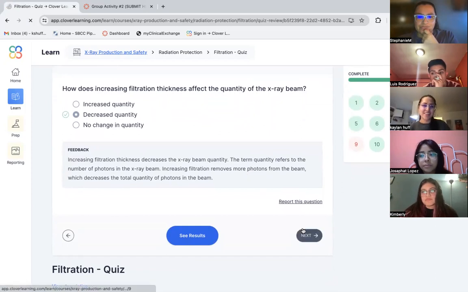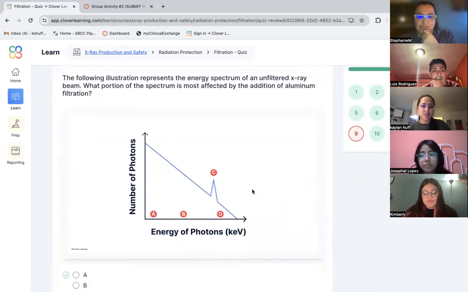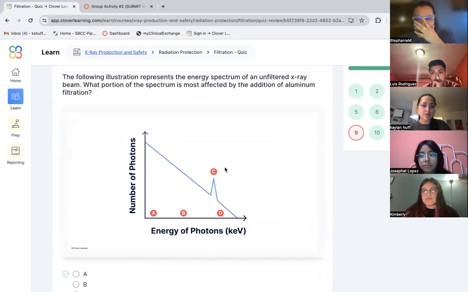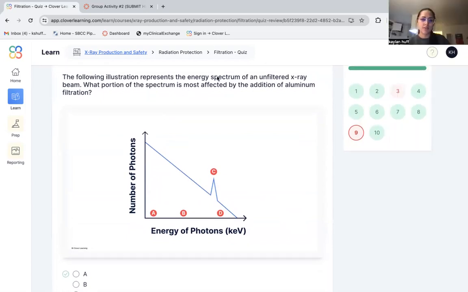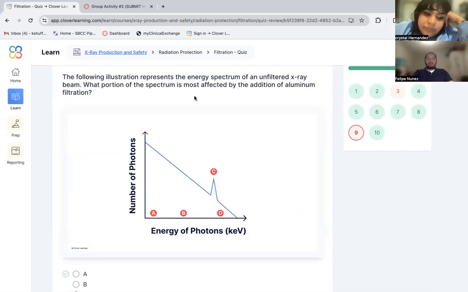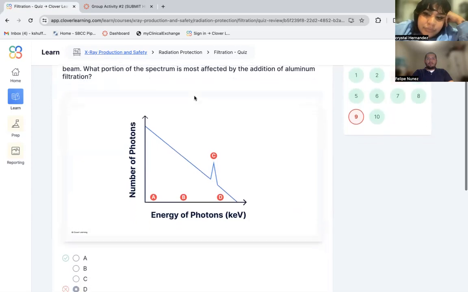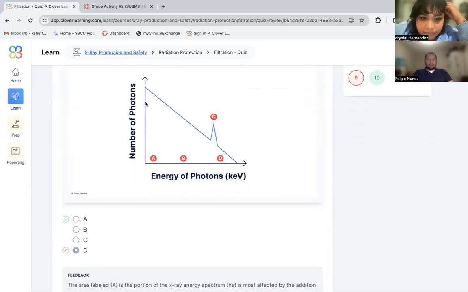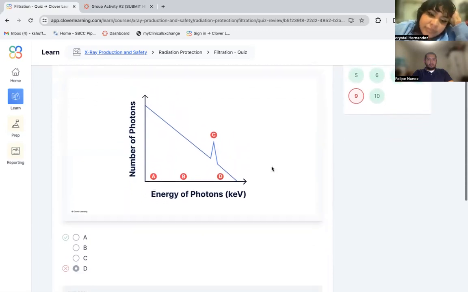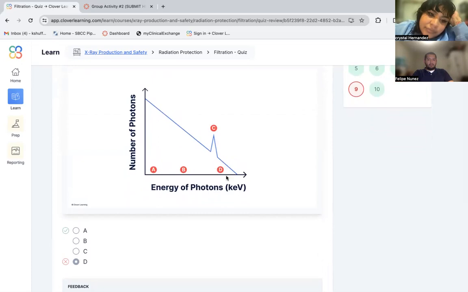And then this one tricked me up. The following illustration represents the energy spectrum of an unfiltered X-ray beam. What portion of the spectrum is most affected by the addition of aluminum filtration? I was thinking it was D because I thought that filtration affected more of the lower energy photons, and I thought that was what D was representing.